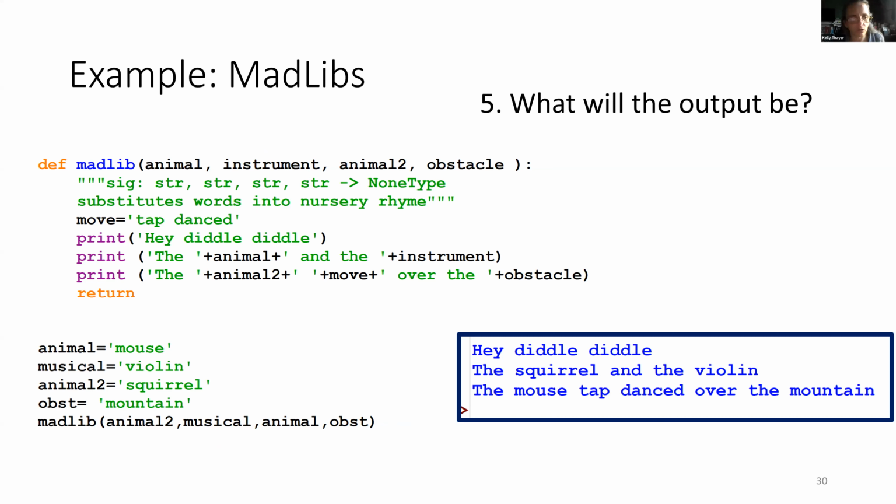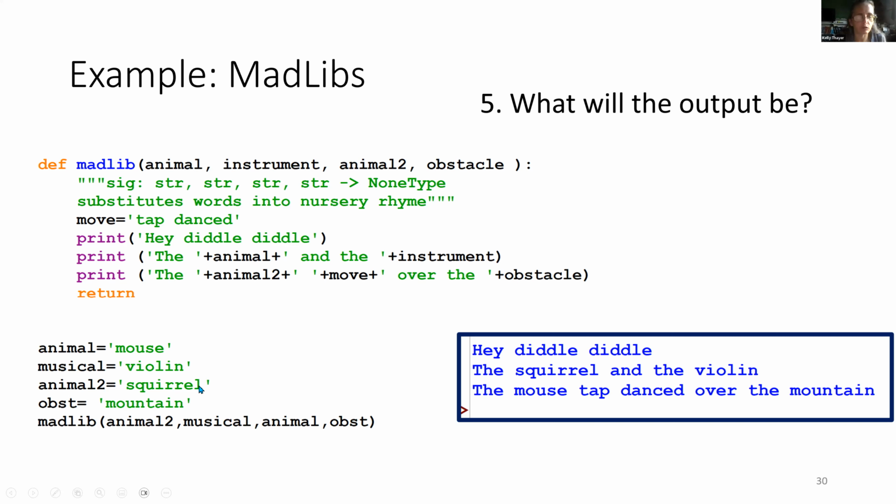So we substitute in those values, and we see that we have move equals tap dance, so that needs to be substituted in. Now we've filled out our variable table and we know what everything is equal to, so we can go ahead and start printing. Hey diddle diddle, the. Now it checks the value of animal, which came from this variable here, which got the value when we had animal 2.